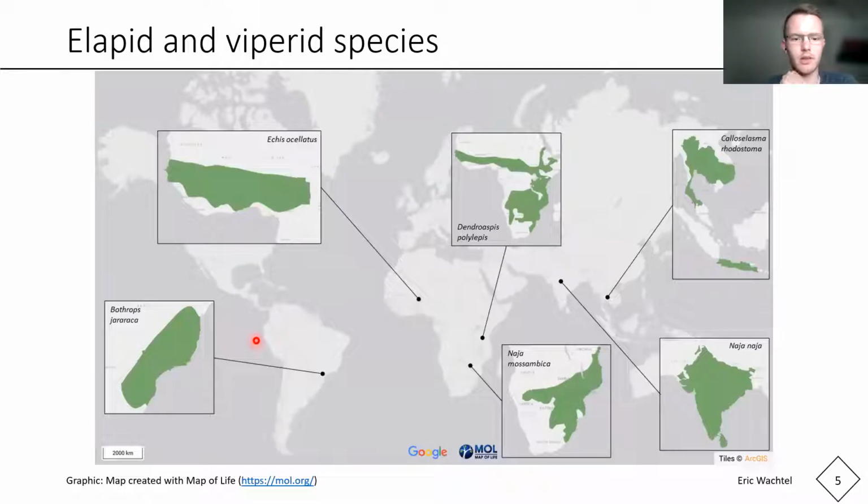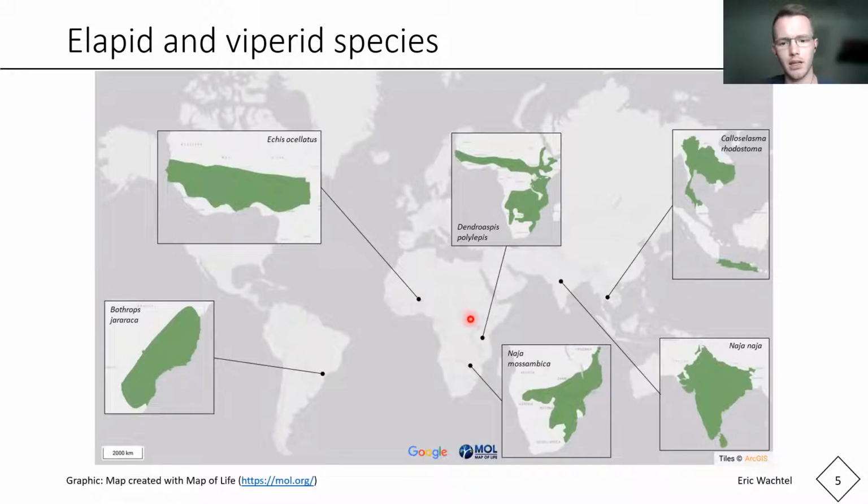Then we come to the species that we included in our study. We covered a broad spectrum regarding range and species, so from all over the world, starting with Bothrops areata in Brazil, representing the Americas and the pit vipers. Then Echis ocellatus of Western Africa, being a member of the true vipers.